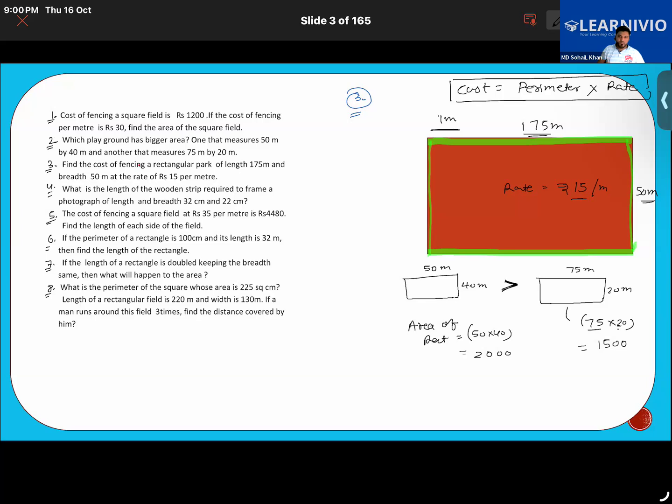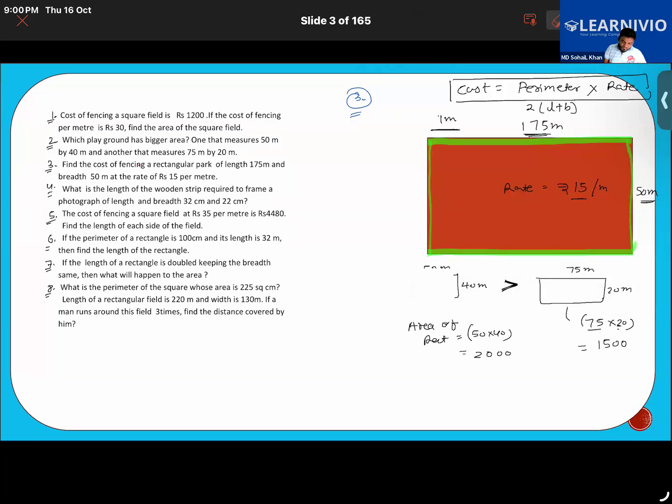The perimeter is 456 meters. Look here, the length is 175 meters and the breadth is 50 meters. The formula you are going to use is twice of length plus breadth, right? So 175 plus 50 you are going to add over here.